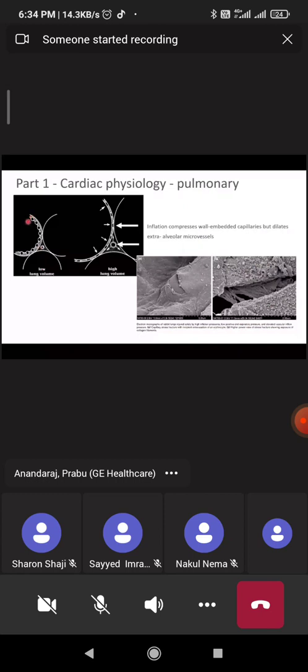Whereas those blood vessels which are between the alveoli are getting stretched. So now you see that the size is becoming bigger, and the triangle between them is also becoming bigger. As a result, the blood vessel here will be increasing in size. So this will increase the central capillary to bring more blood.